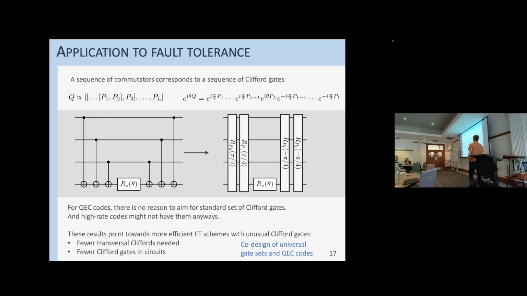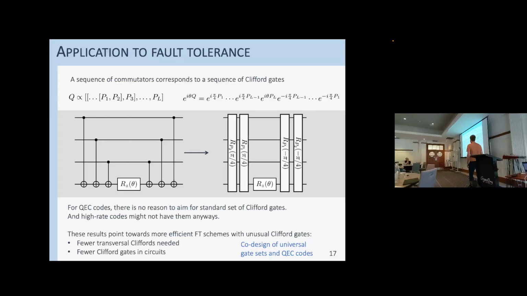And we can optimize it in two ways. We need fewer kinds of transversal Cliffords in total, because I proved this fact of the minimal size of the set of Pauli strings that generates all Pauli strings. That corresponds to a minimal size of Clifford operations that generates all Cliffords, assuming your Cliffords are just Pauli rotations, which is a subset.